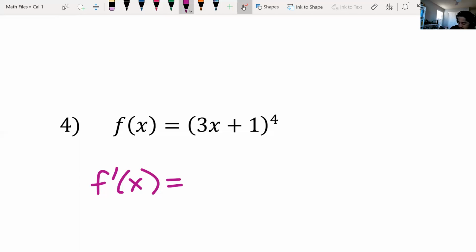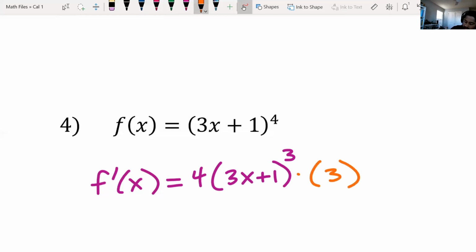It's 4 times 3x plus 1 to the power of 3, times 3. There you go. Chain rule's done, derivatives done.